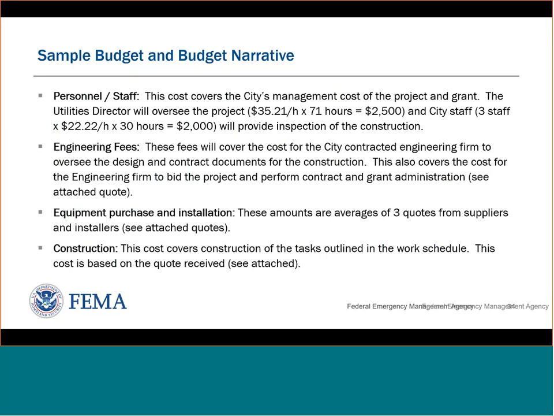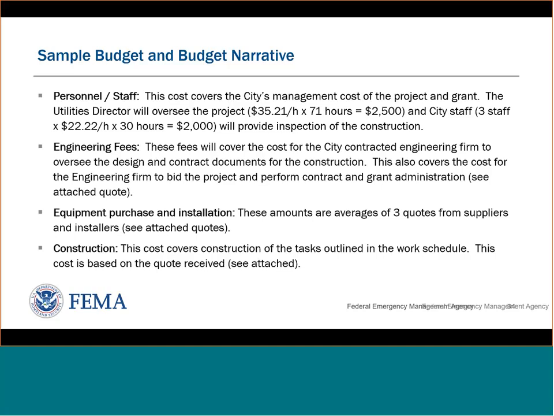So this identifies the individuals that'll be involved, which is the utilities director, and there's 3 city staff members. It identifies the number of hours they'll each be involved in the project and their hourly rate. So this breaks down the costs and gives us great context, so we know that you've got your personnel and staff costs well documented and explained.